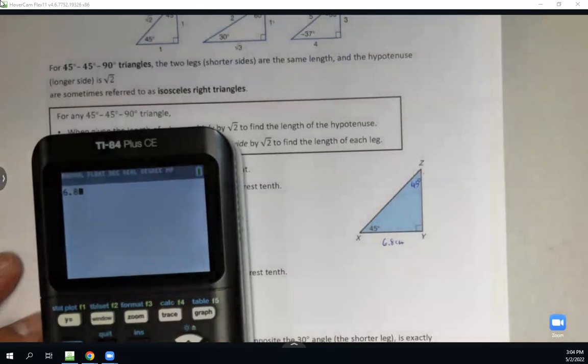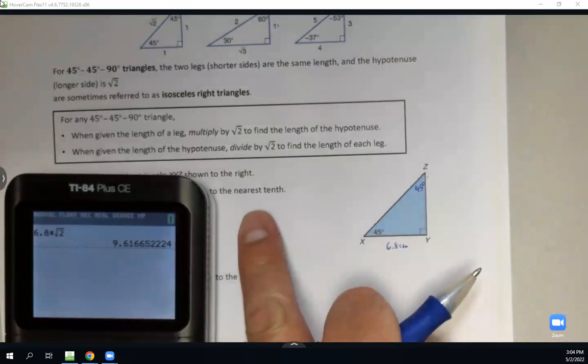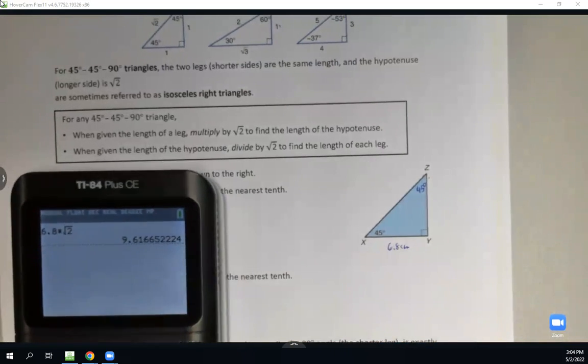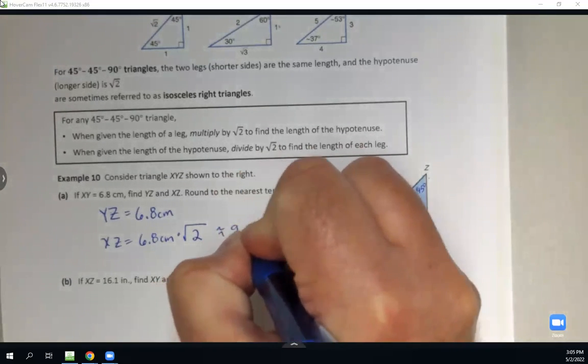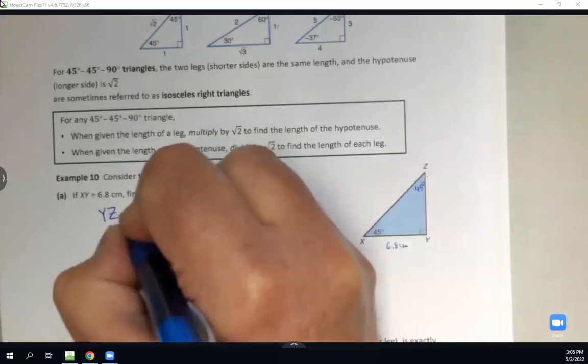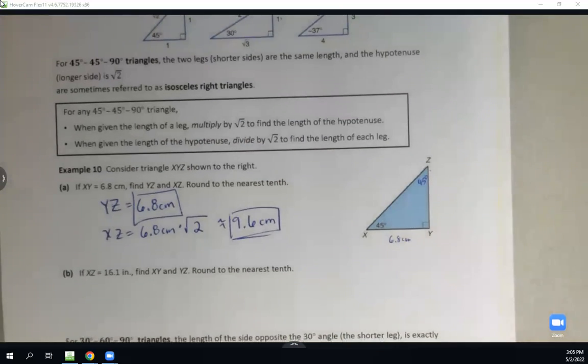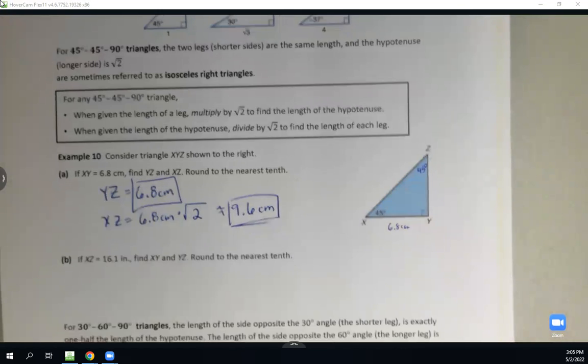So 6.8 times the square root of 2 is about 9.6, and our directions say round to the nearest tenth. So 9.6 centimeters. Is that hard? Okay.